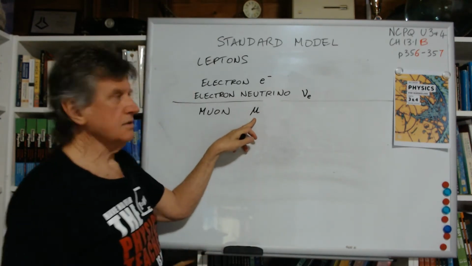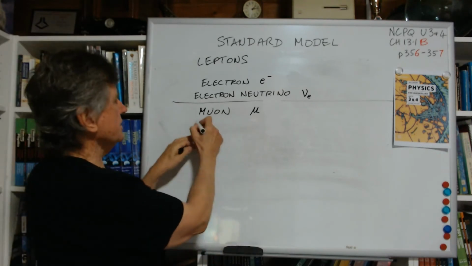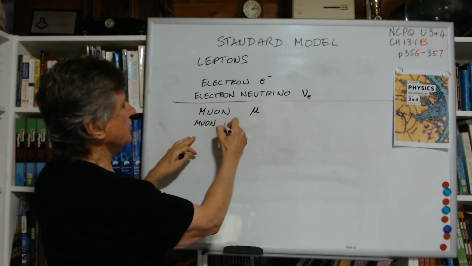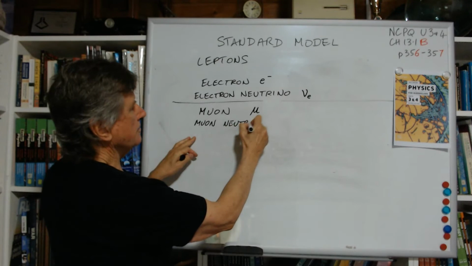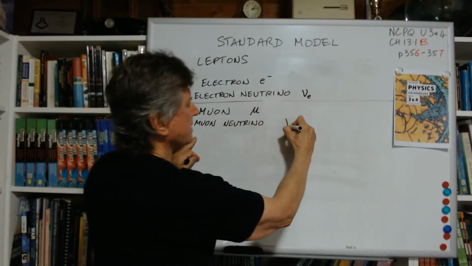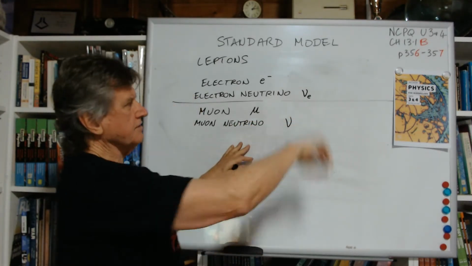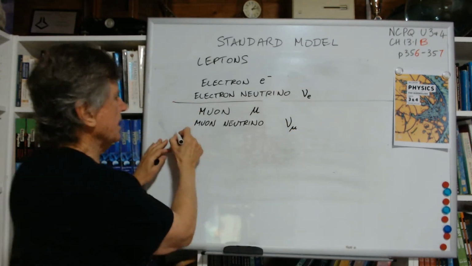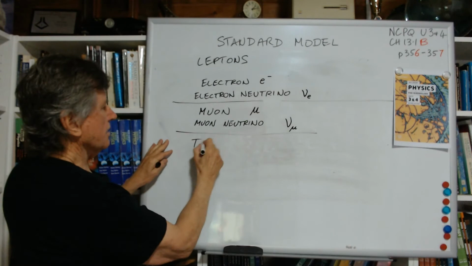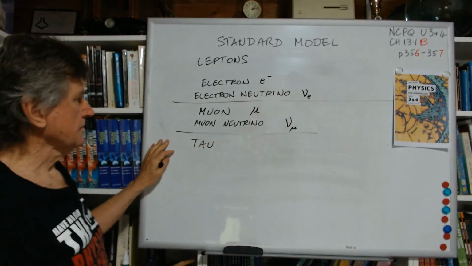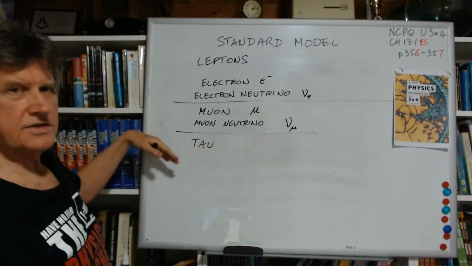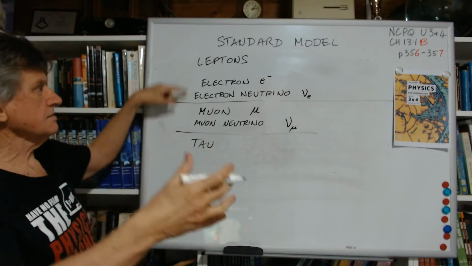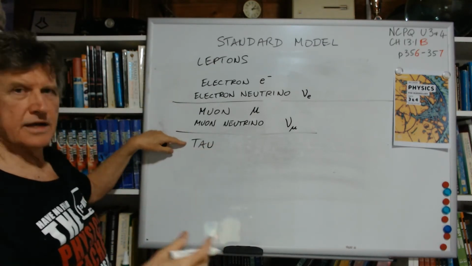It has the symbol mu, and there's the muon neutrino. Again, it's that sort of symbol, like the V with a bit of curl, and it's got a mu there. And then there's the tau particle. Now these are getting progressively heavier. This is like a fat, heavyweight electron. This thing here is massive.